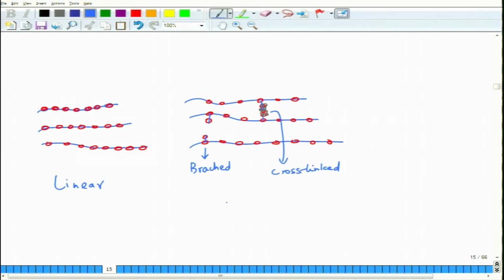A networked structure could be something like that, like this, less common, but it is possible. So, you have molecules sitting here, here, here. So, this is a networked structure just like you saw in glass, quartz.